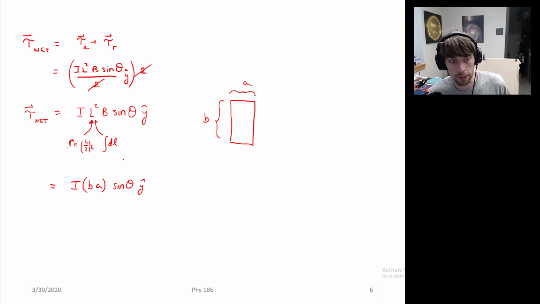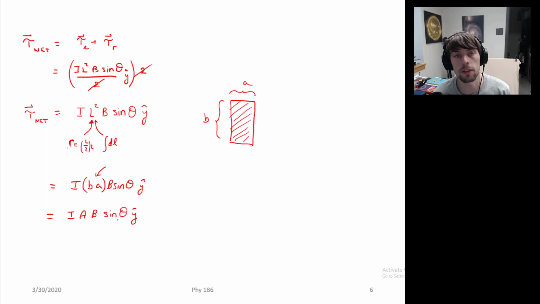Or even more generally, and this is a heuristic argument, I'm not going to go through the proof, what you'll end up with is not B times A or L squared. You'll end up with the area of the loop. So a more general expression would be something like I times the area of the loop, excuse me, I dropped the B, times the magnetic field times the sine of the angle between the two.